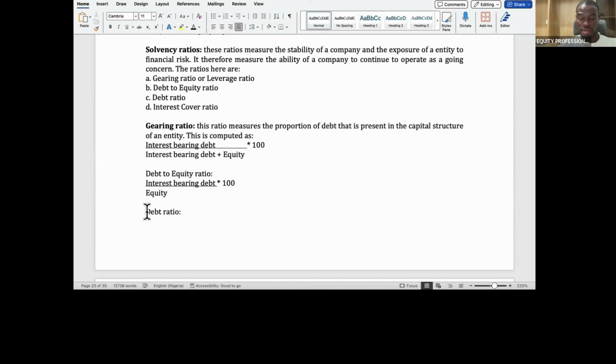It's not that it's always 2:1, 1:1. No, you can do it in percent. In fact, in most cases, we do it in percentage. And that's why we always interpret this one as when it is over 100%, then it's highly geared.